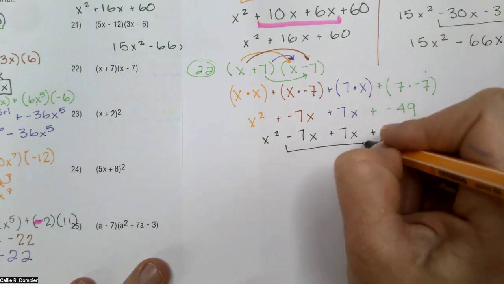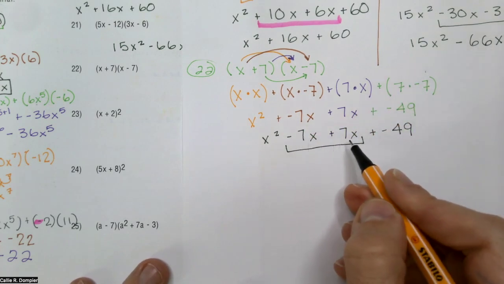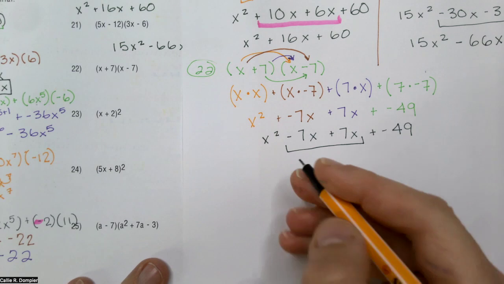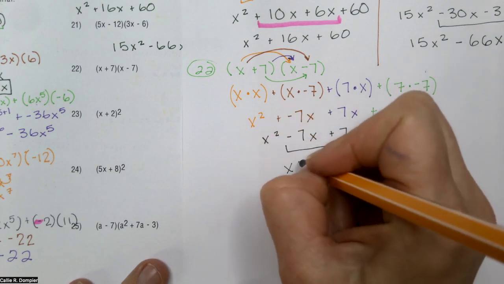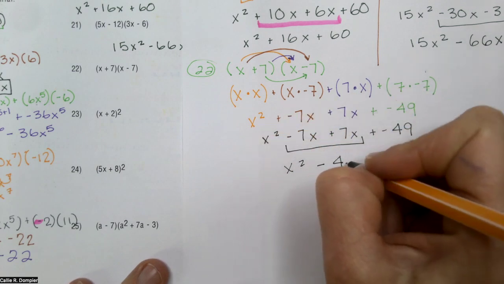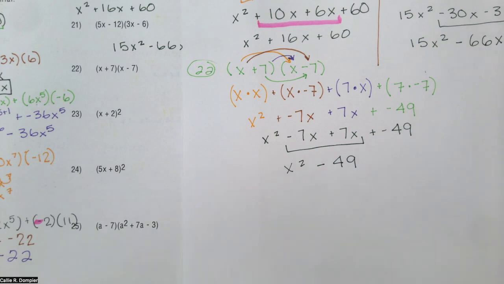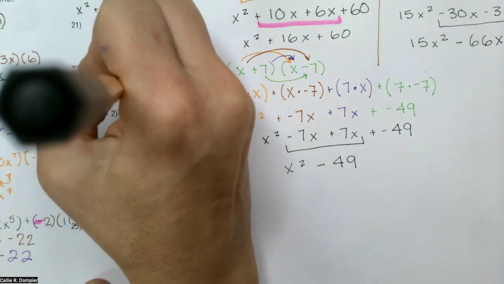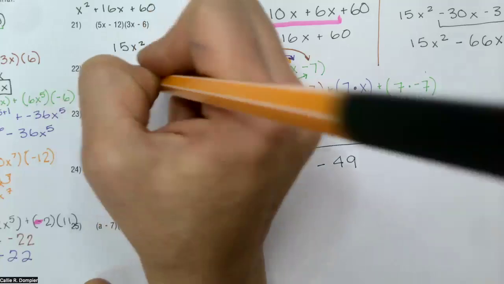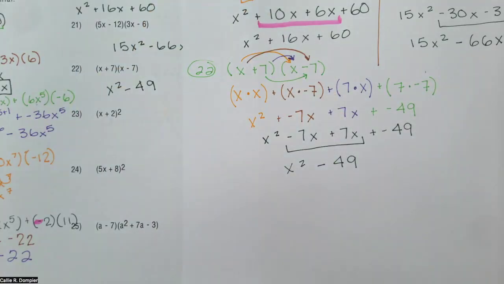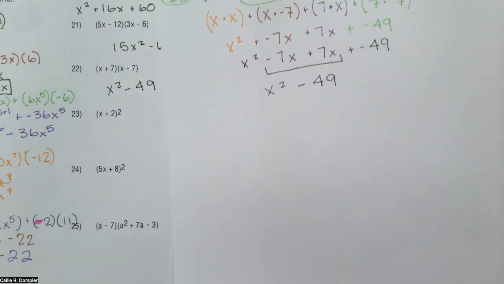I'll combine these two. -7x plus 7x. 7 minus 7 is 0. So my final answer is just x squared minus 49. Good? All right. For 23.